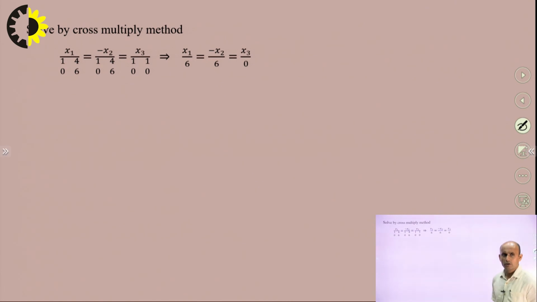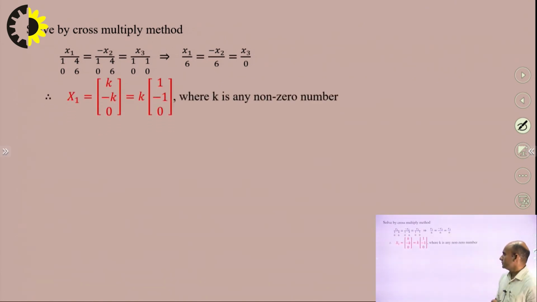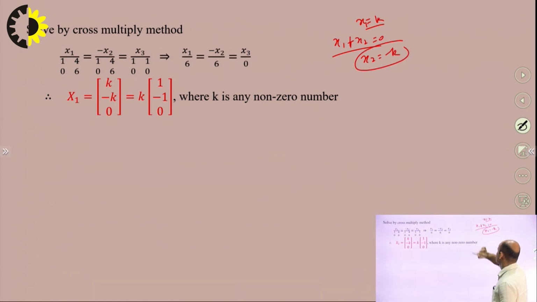Here we can also solve by the help of cross multiplication. But if we solve this system, as we know that x1 plus x2 equals 0, if we assume x1 as k, then x2 will be minus k, and we have x3 as 0.